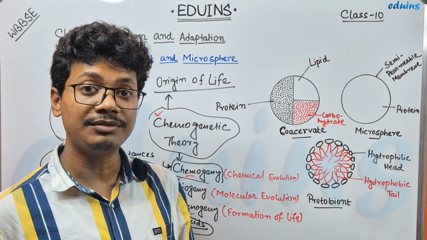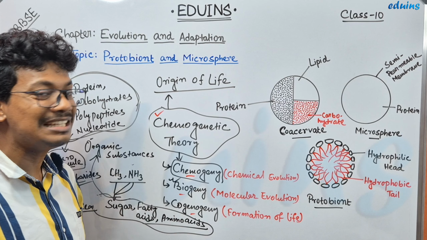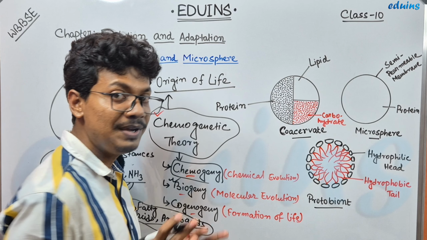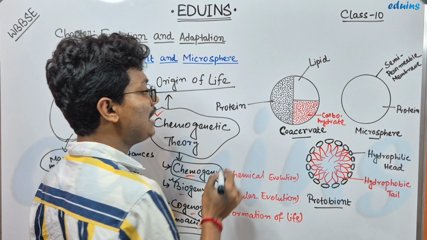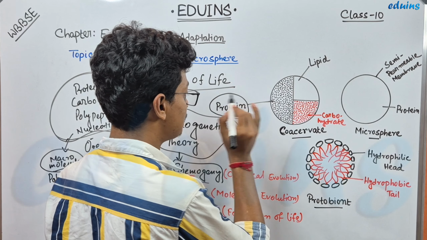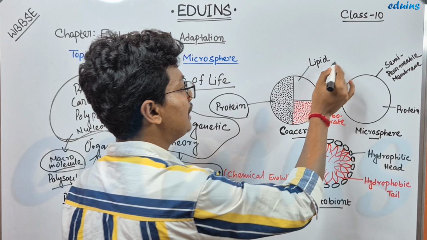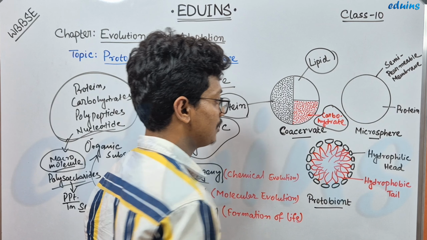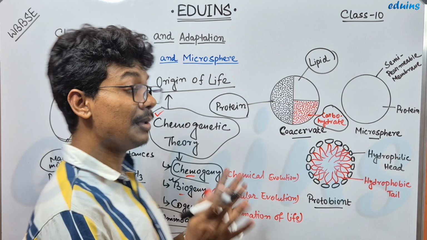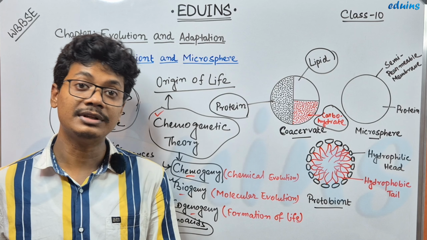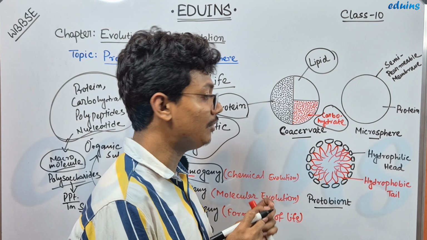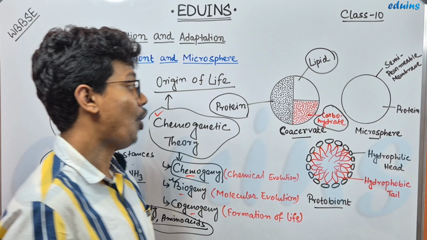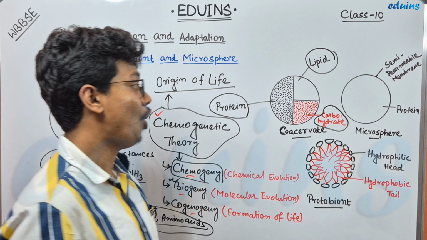What is the coacervate? Coacervate is the structure or combination of the three major molecules, that is protein, lipid or fat, and carbohydrate. This is the primitive form of the cell or formation of life. So the coacervate is the organized structure of the macromolecules.